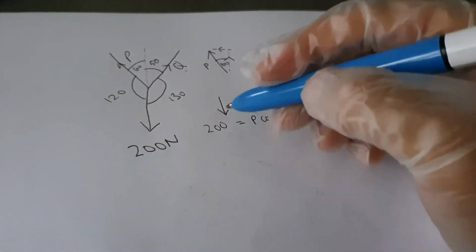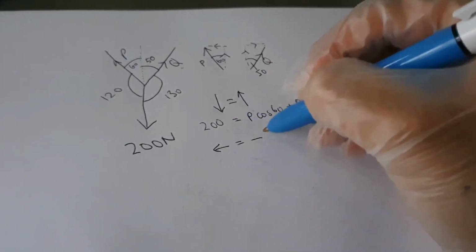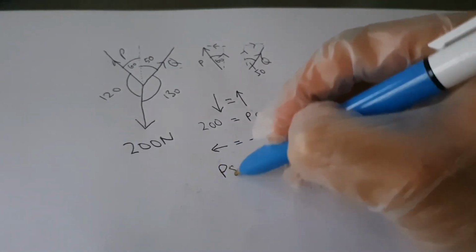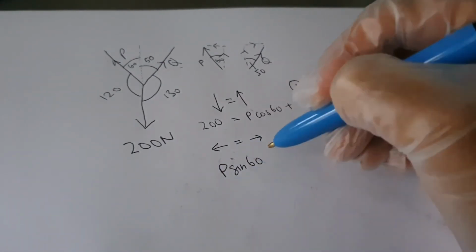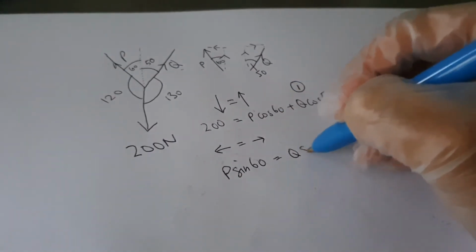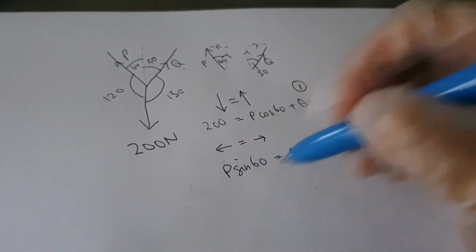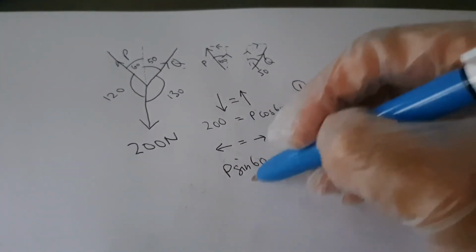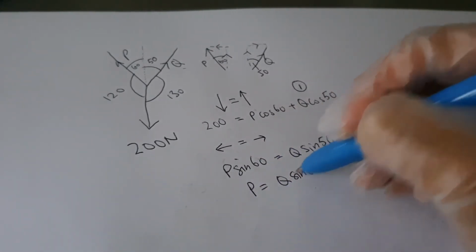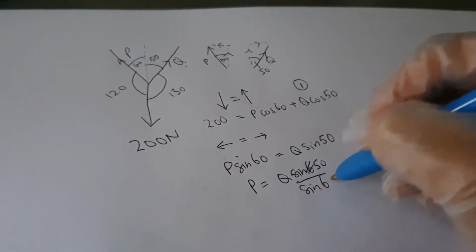The second equation is left is equal to right. So here we have P sine 60 is equal to Q sine 50. Now let's just put everything in terms of one term. So therefore we can say that P is equal to Q sine 50 over sine 60.